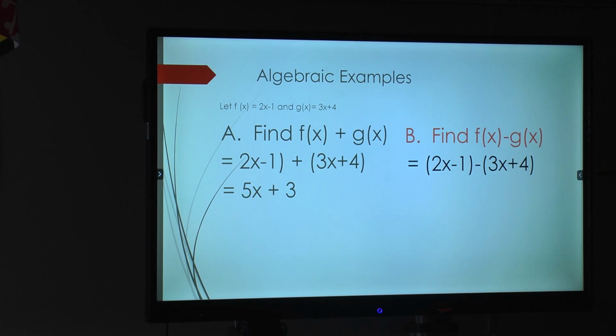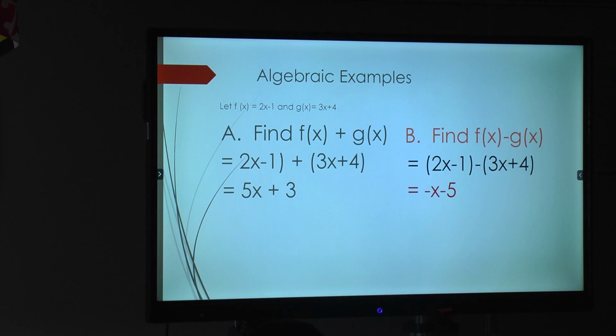Just like in the beginning, when I have my parentheses and my -1, I'm going to flip everything past that in the parentheses into a negative.